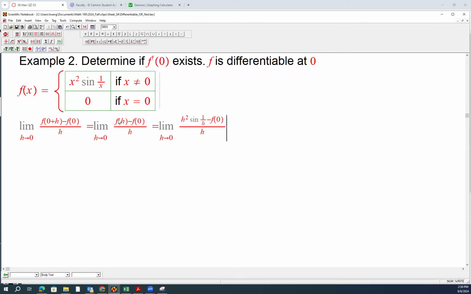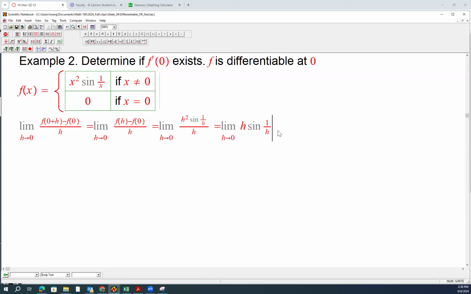That's to get f of h. So this is f of h, and f of 0 is 0. Subtracting 0, you can just remove it. And we have h squared here, we have h here, so we can reduce it to the next step. This h is reduced, and so near the end, we get this piece.